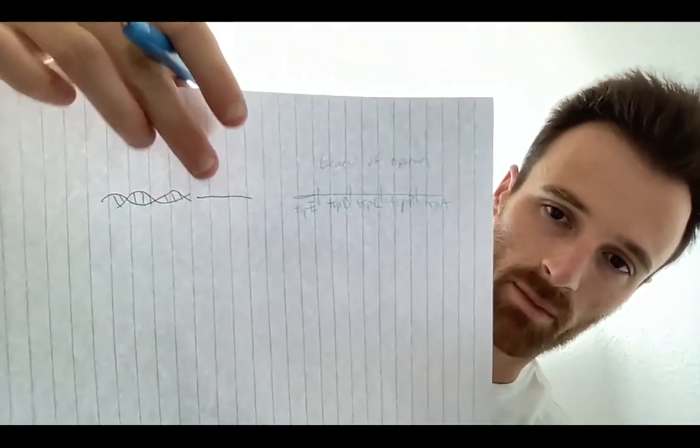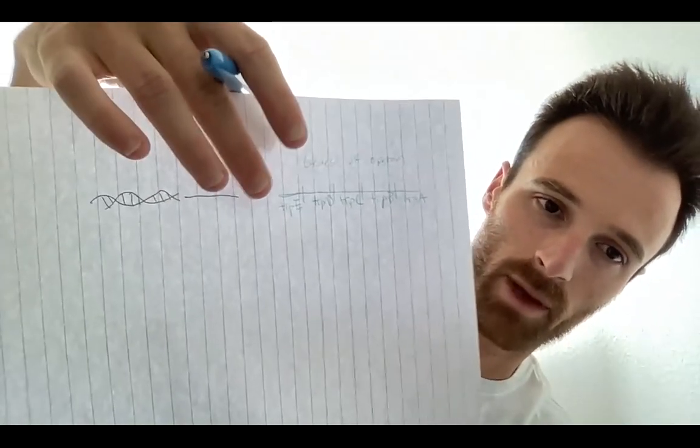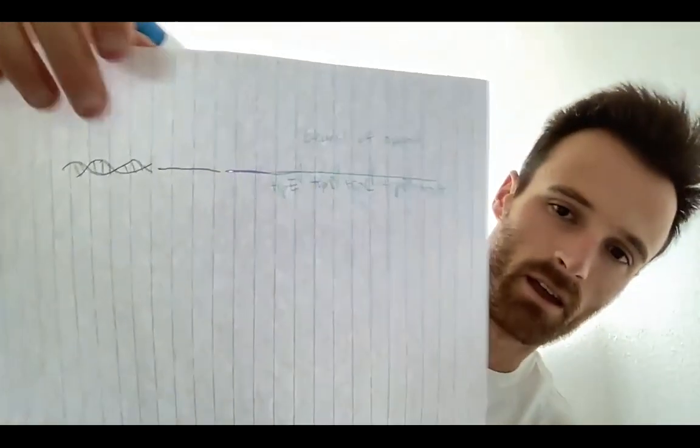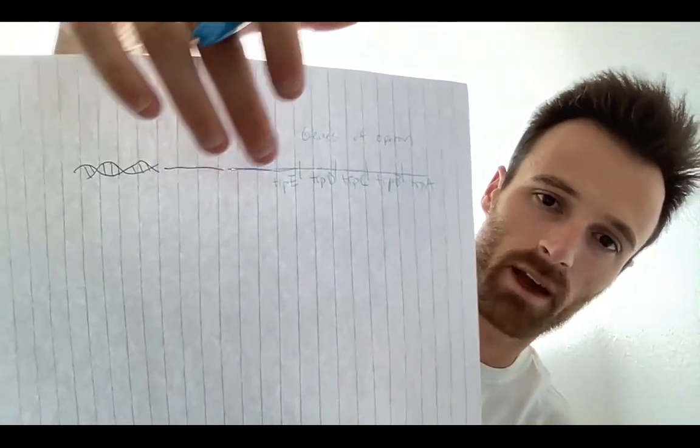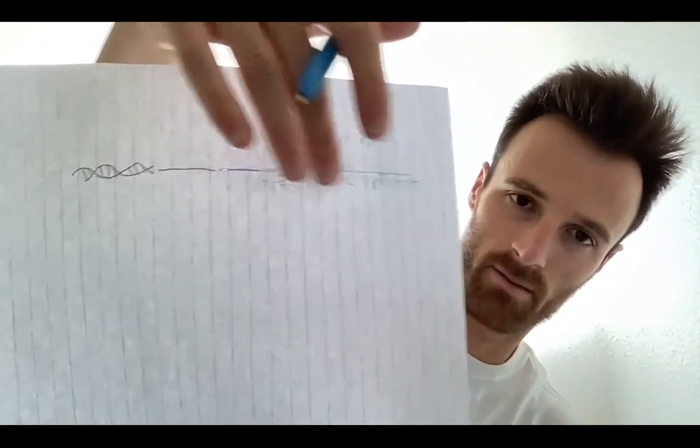And often it includes the operator, but let's draw them separately. So this is going to be the promoter, and we'll leave that space for the operator, which I think I used as blue. So we've got our promoter, operator, genes.